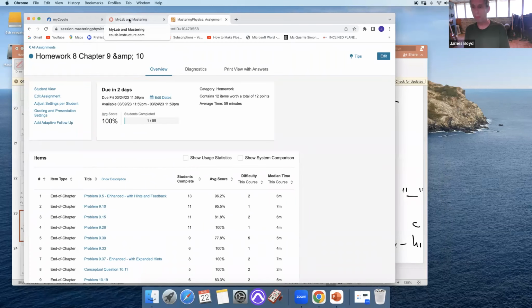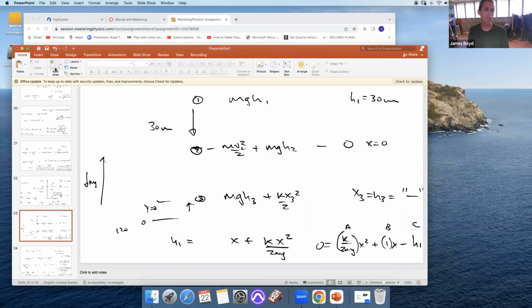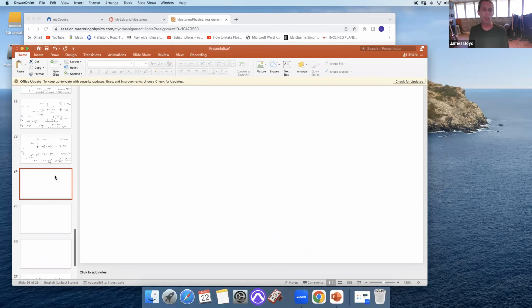Just remember, energy is pretty simple. As a quick review of energy concepts, work is F dot D, which is mv final squared over 2 minus mv initial squared over 2.